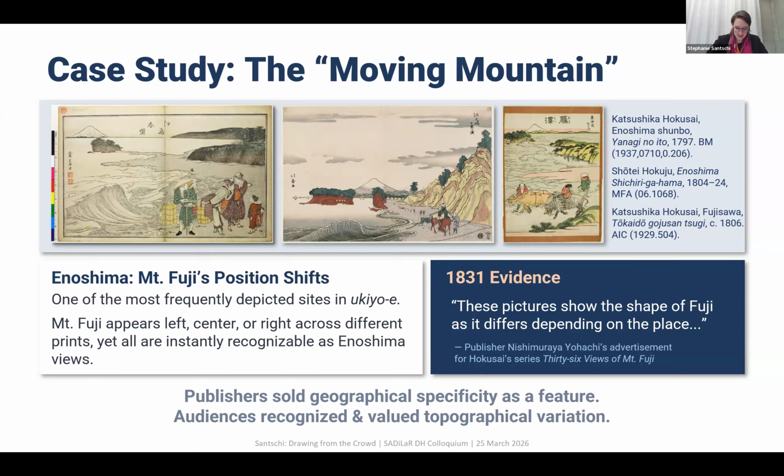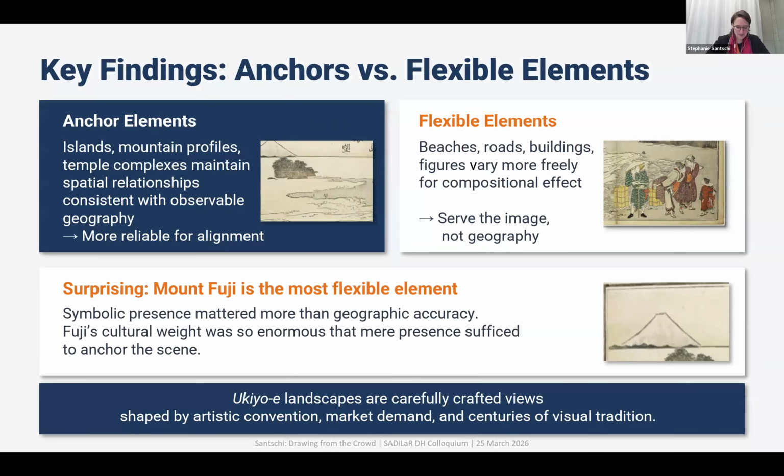And think about what he's saying. He's advertising that Hokusai's prints show how Fuji actually looks different from different locations. And he presents this as something valuable and as something that users, consumers should pay money for. So I think publisher and artist illustrators clearly knew their market.